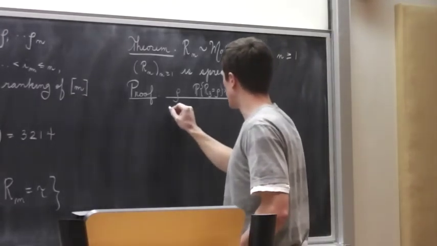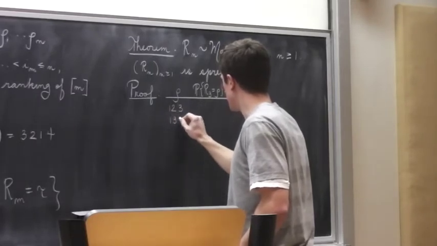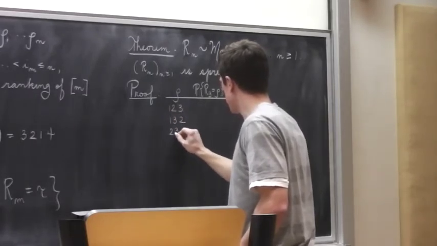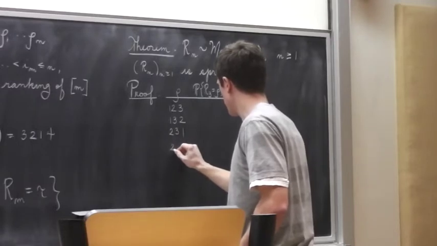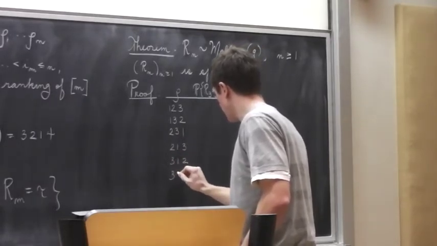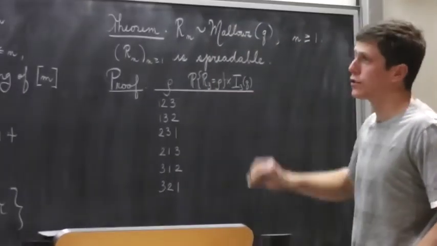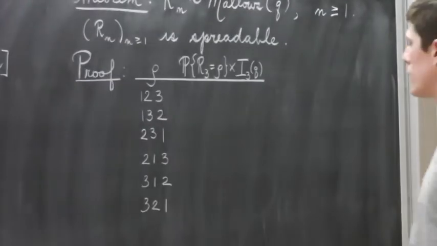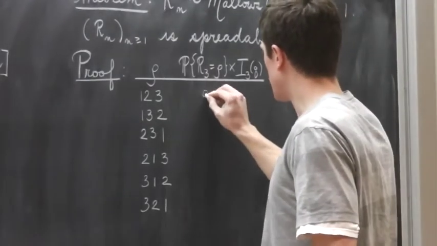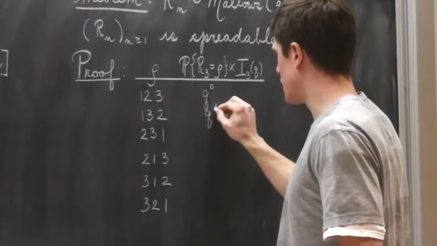So if I consider all of the permutations of 3 elements, then the distribution is just q raised to the power of the number of inversions, right? So here we have q to the 0. There's 1 inversion here.